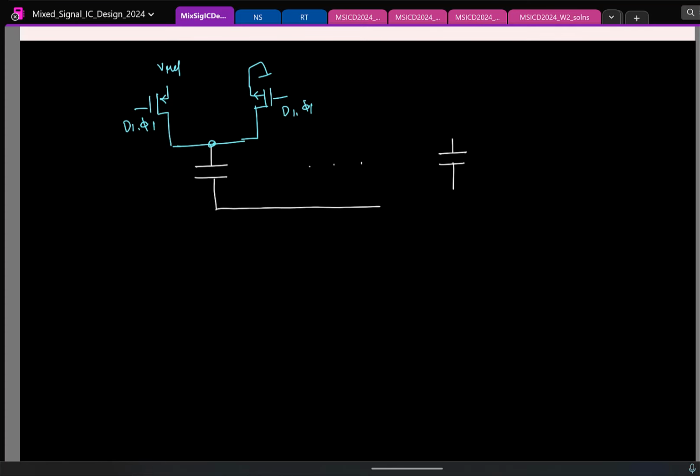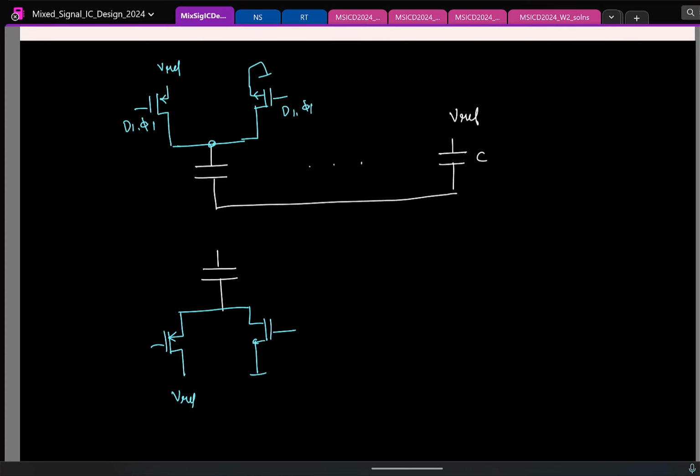In the monotonic switching scheme, we had the last capacitor C always connected to VREF. Same thing you will have in the bottom side. In the negative half also you'll have the same structure: PMOS connecting it to VREF, NMOS connecting it to ground. The controls will just be D1 bar times phi. Same thing you will do for the other capacitors, and then you finish this. And this basically goes to the comparator.